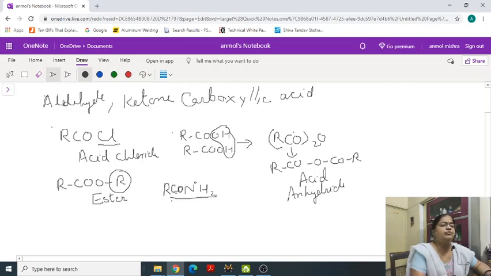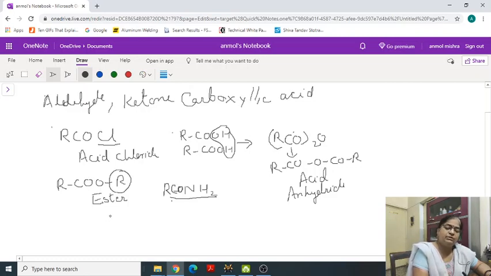So formic acid is produced by the sting of the red ant or the bee. Second, we have sirka, that is vinegar, and it is acetic acid. Similarly, there are many compounds in the aldehyde ketone group which are well known to us.